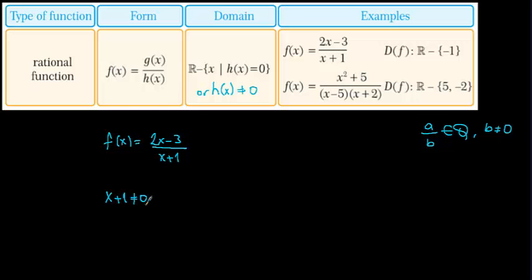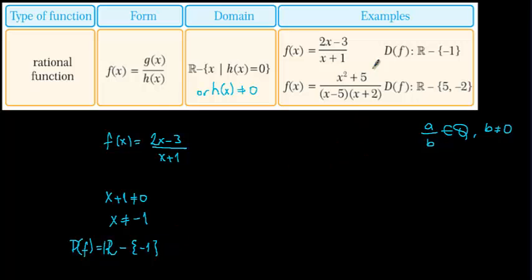So x plus 1 cannot be equal to 0, so x cannot be equal to minus 1. That means all real numbers can be used, except minus 1. So the domain of the f function for the first one is all real numbers except minus 1.